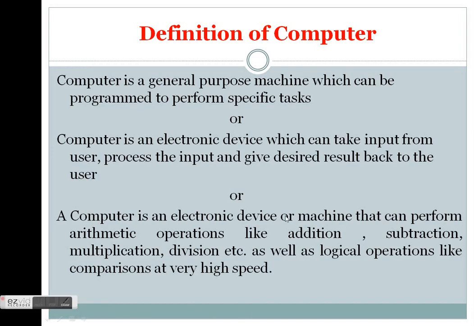The main part of the computer is the CPU, which has two parts: control unit and arithmetic and logic unit. The arithmetic logic unit is the part of the computer where all the processing takes place, and during processing it performs addition, subtraction, multiplication, division and comparison operations at a very high speed.